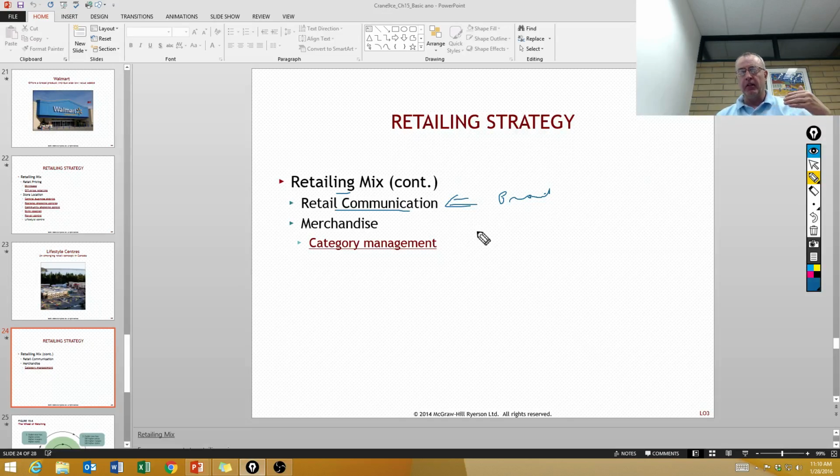So the image is kind of a combination of the physical qualities of the store and other psychological qualities. So there's a number of components to this. It's the price level, it's the store layout, it's the breadth and depth of product line, it's kind of the feel of the store or the atmosphere of the store.